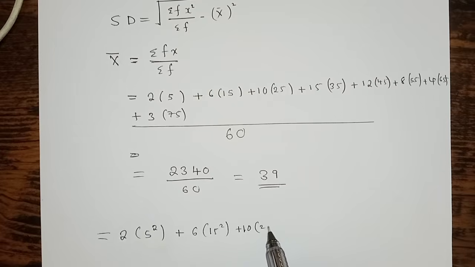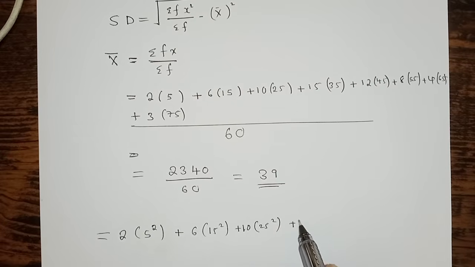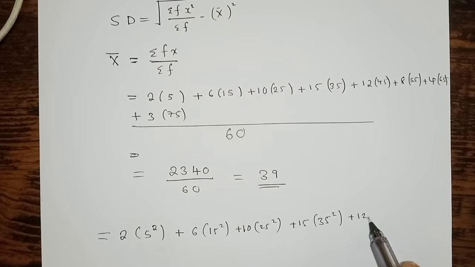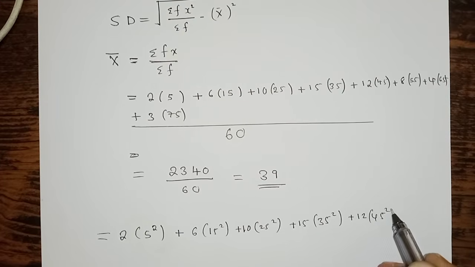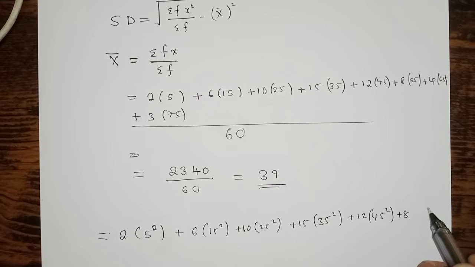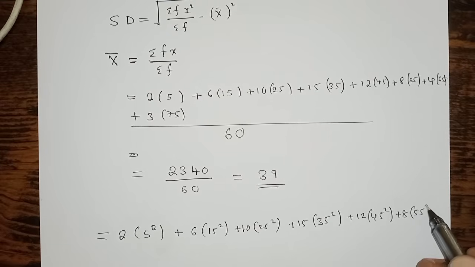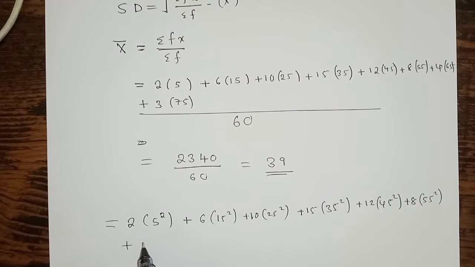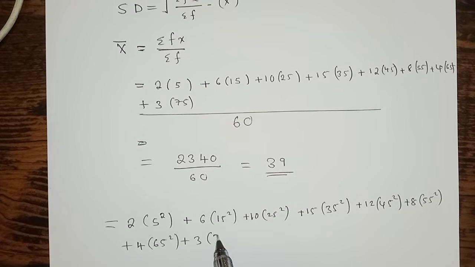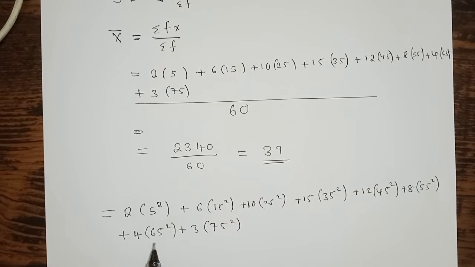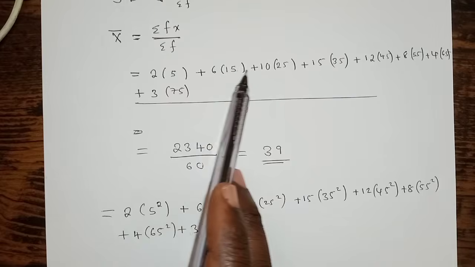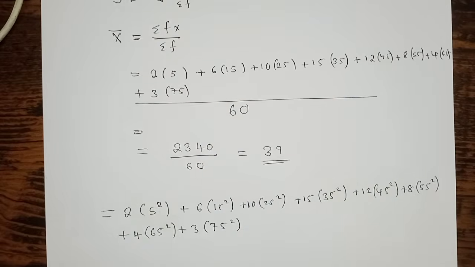You see what we're doing here? This is what we need to do. Follow nicely. Where are we? We're here. This is 65 power 2 plus here 75 power 2. So everything inside the brackets should have power 2, just like that.